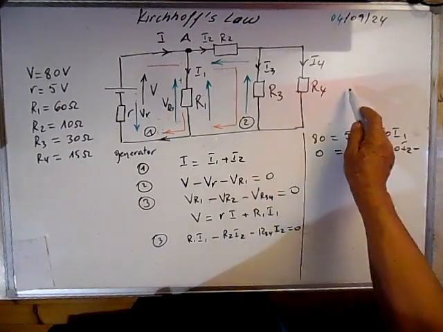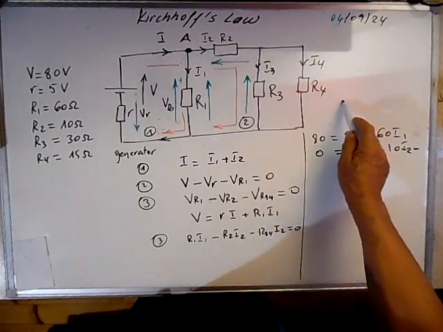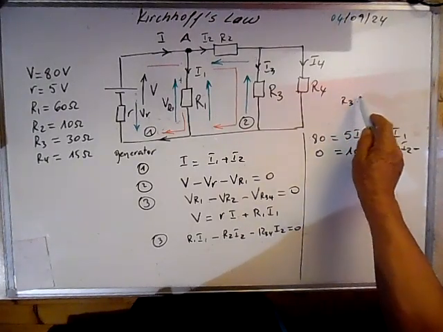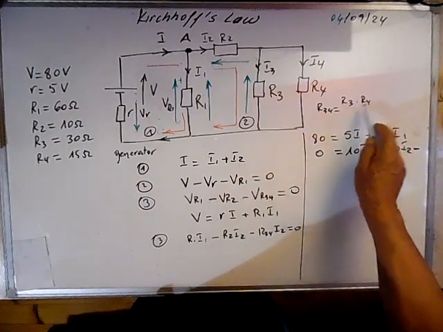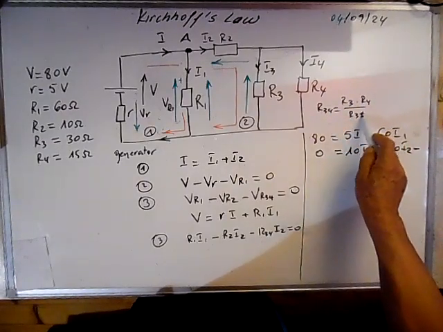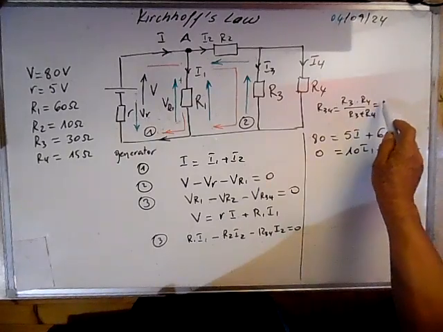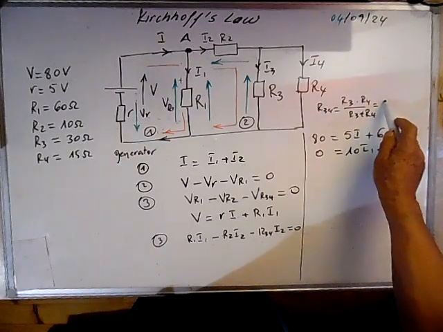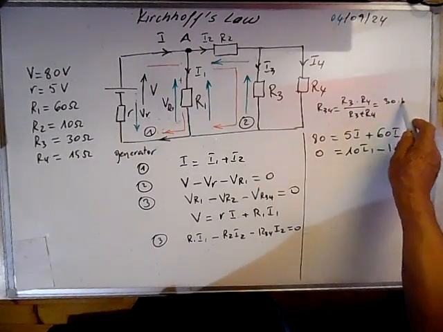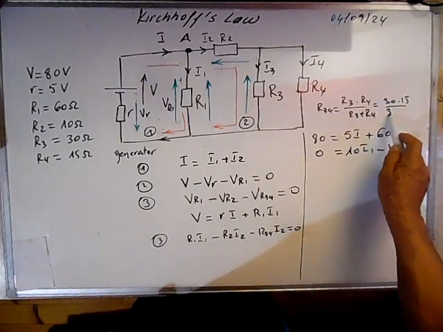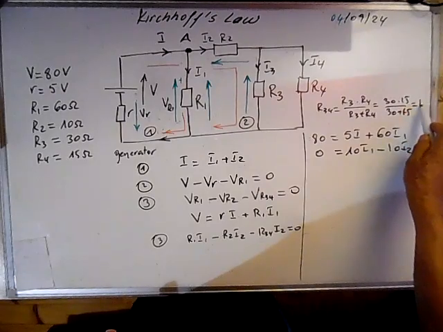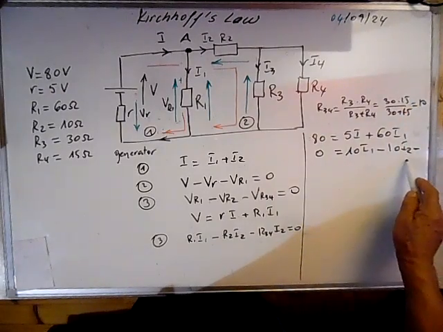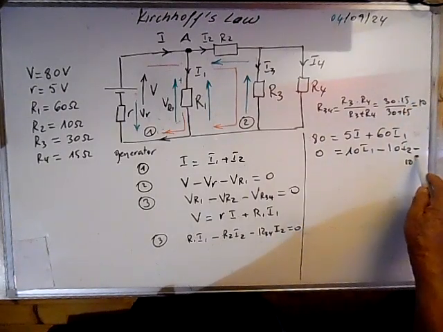the equivalent resistance of these two, R3,4, is equal to R3 times R4 over R3 plus R4. So it's 30 times 15 over the sum of the two. It's 10 ohm. So here it's minus 10 I2.